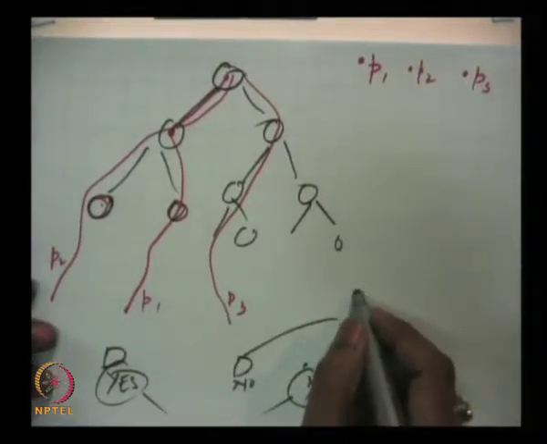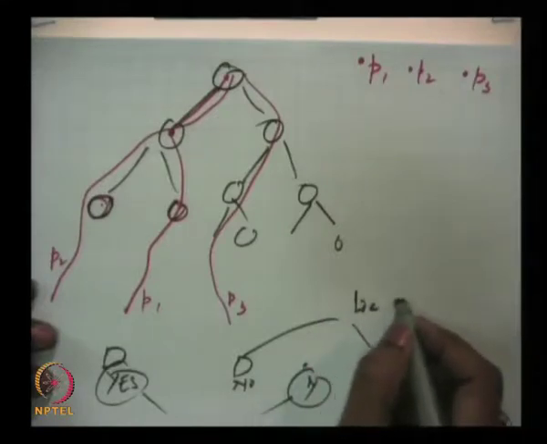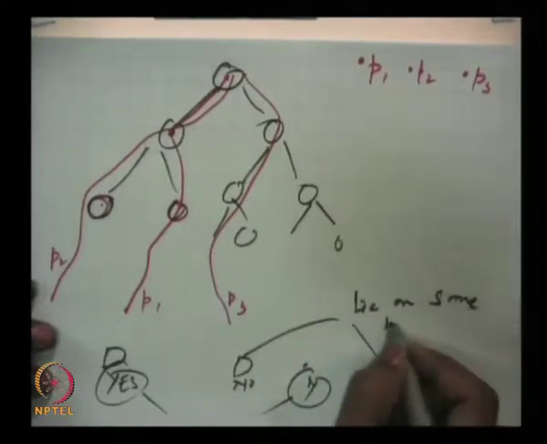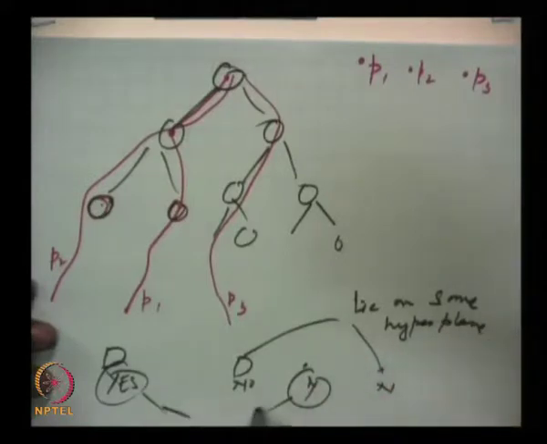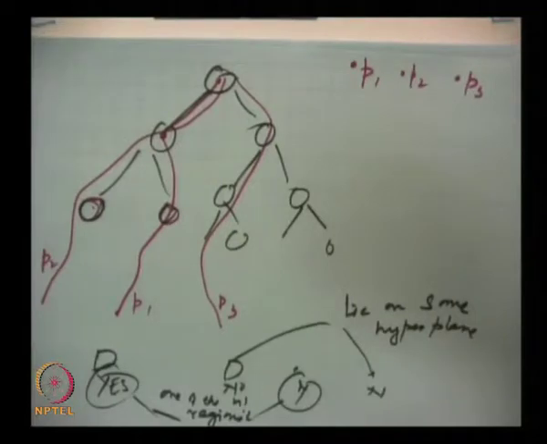So, this must lie on some hyperplane, and the yes should lie in one of the n factorial regions.